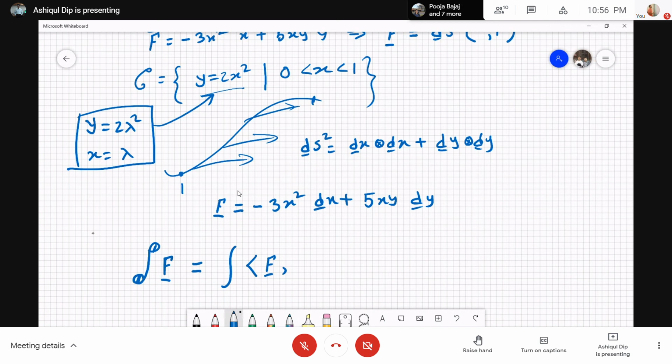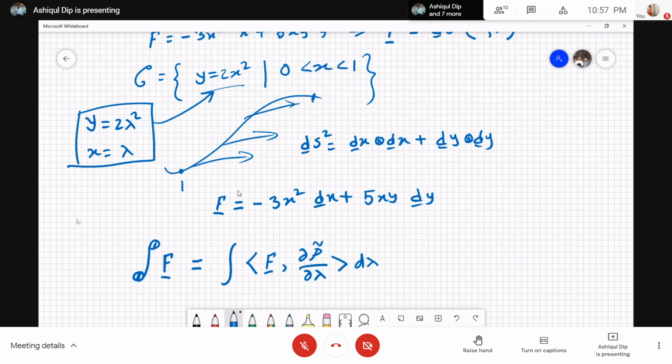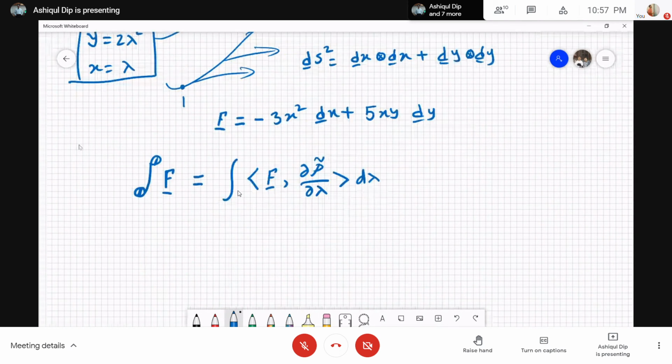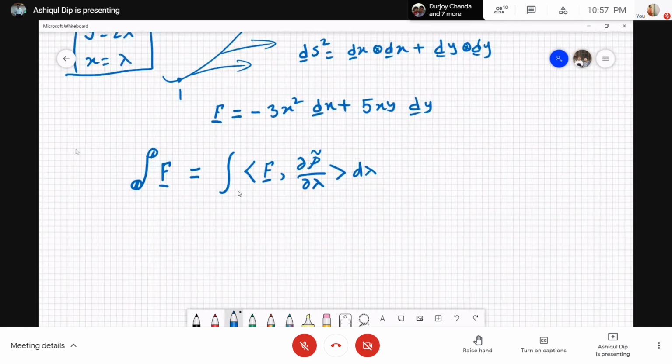The thing you want is delta p tilde by delta lambda, then d lambda. Using the parameter lambda equal to x, you need not bother about that much.